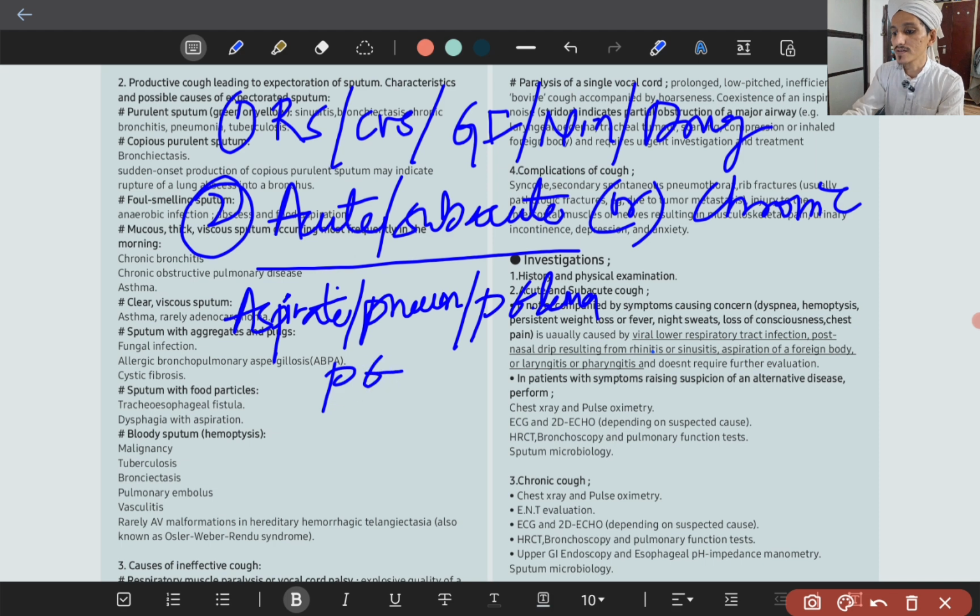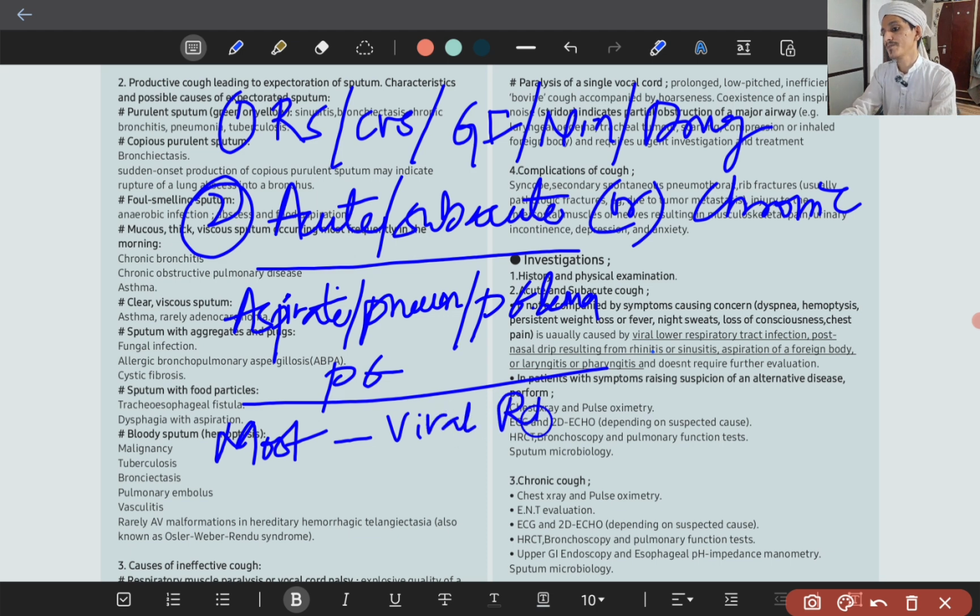If the clinical features and examination do not suggest these things, then most likely it is due to a viral infection of the respiratory tract, upper or lower.